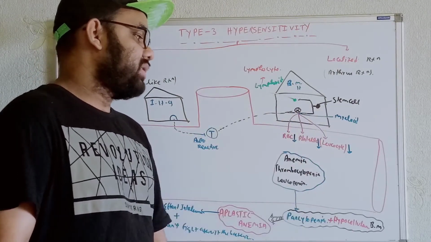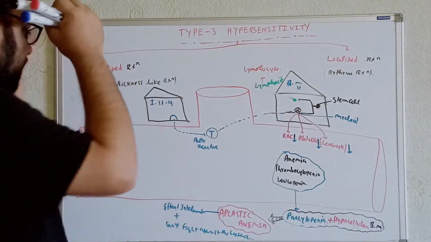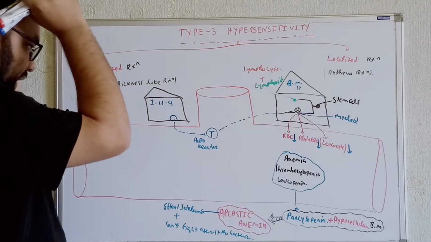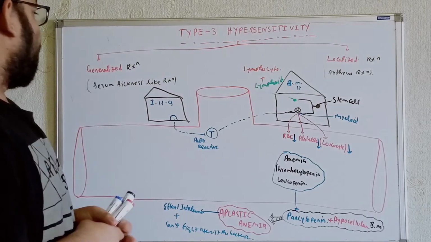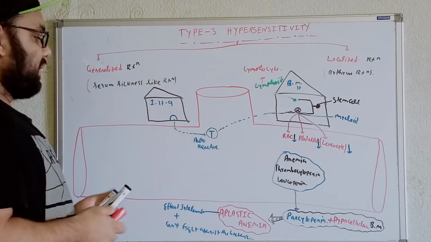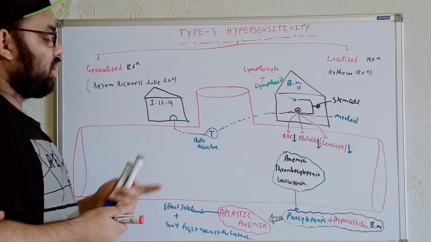Now how can we manage these situations? We should have some kind of management that can handle these situations. For that, for example, we take the antigens of the autoreactive T cells.